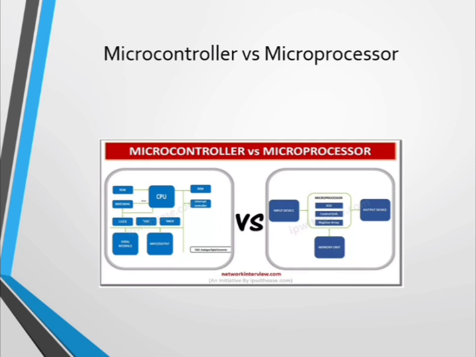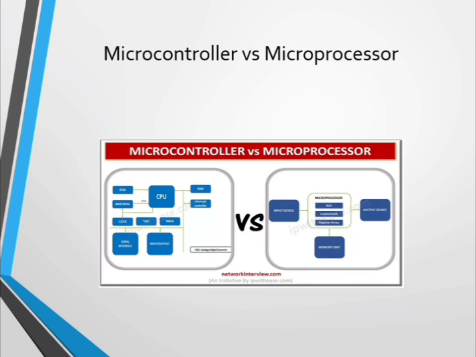Microcontrollers can be understood as the heart of an embedded system, whereas microprocessors can be understood as the heart of a computer system. A microcontroller is a controlling device wherein the memory and input-output components are present internally. A microprocessor is a processor where the memory and input-output components are connected externally.